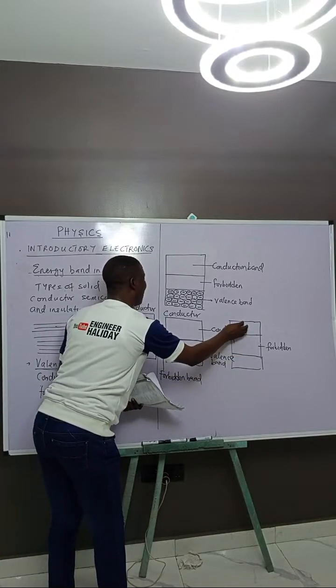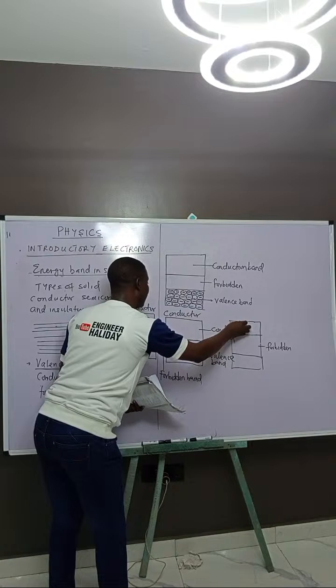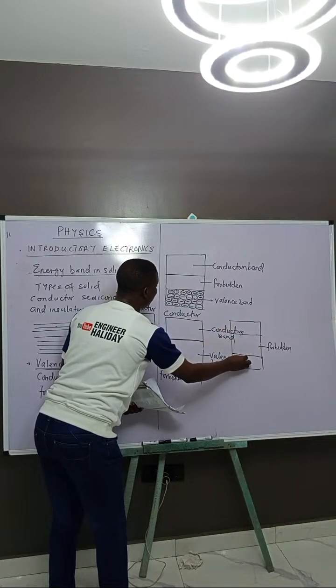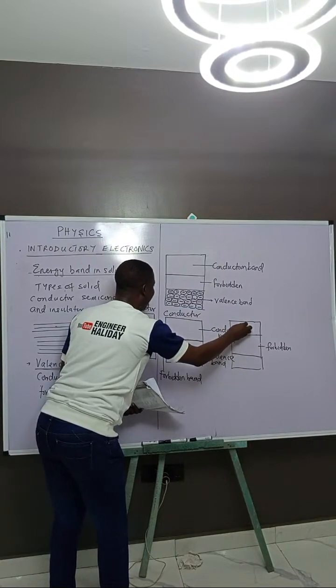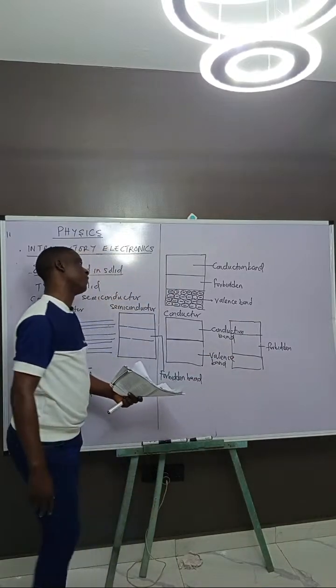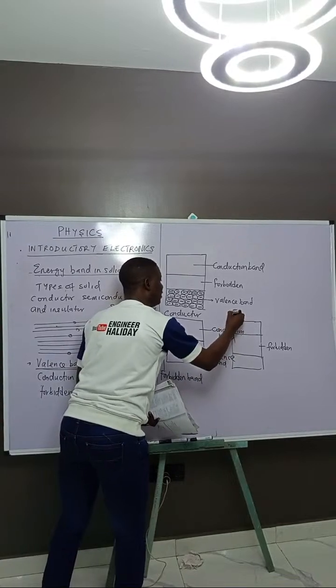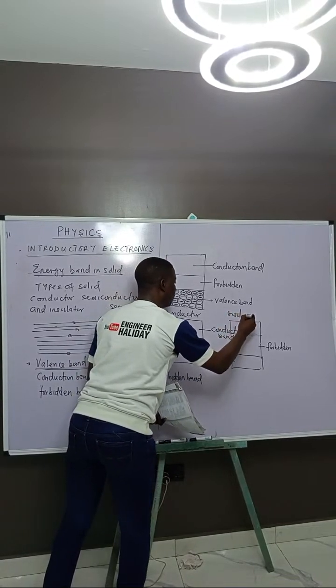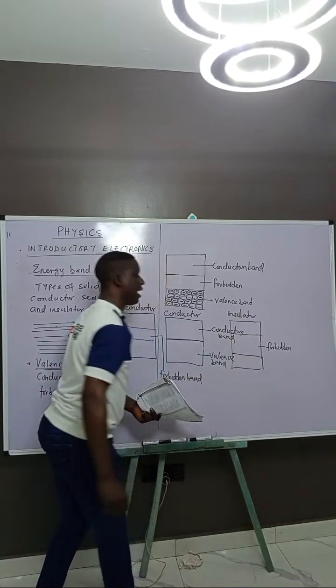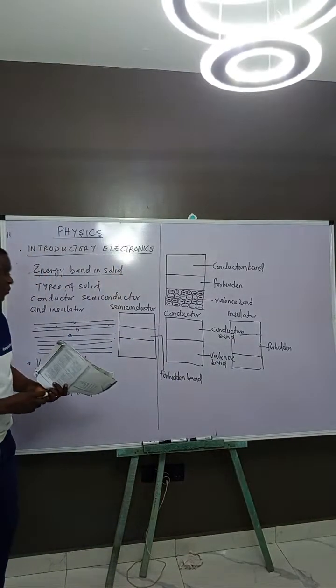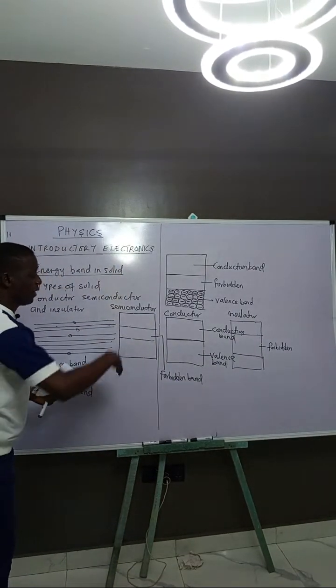They don't have the capacity to get to this place because the energy needed to make them get to the conduction band cannot be found. Examples of insulators are rubber, polythene, paper and several others.